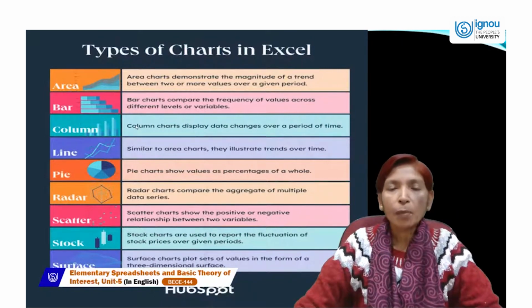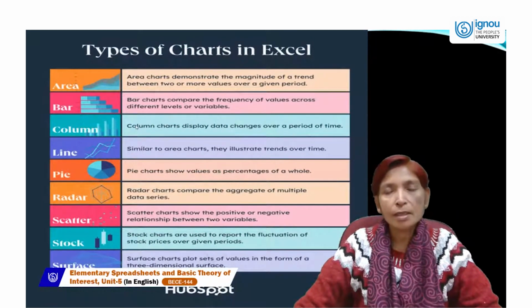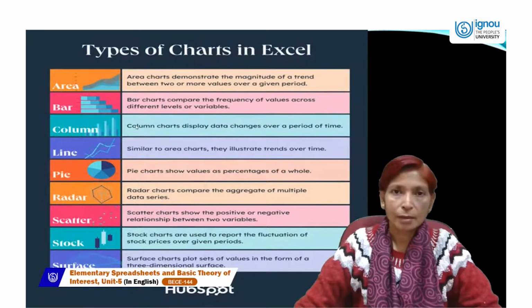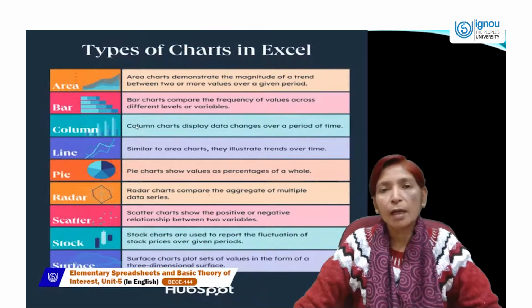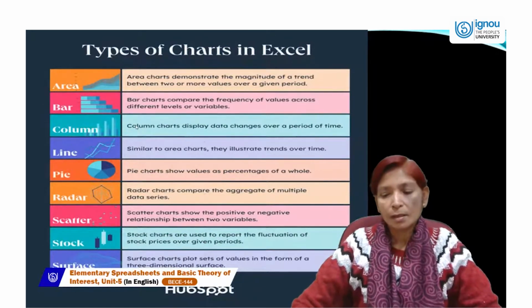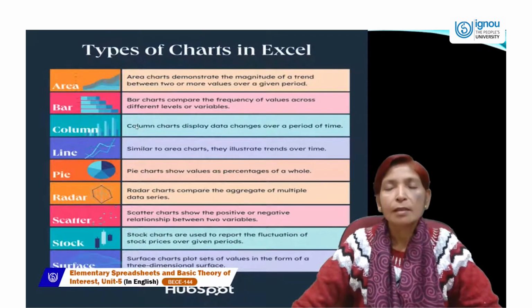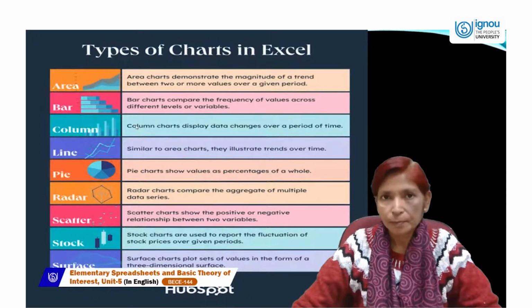If all points go in the same direction and the direction is upward, that will be called positive correlation. And if all the points are in a downward situation, then we can say that there is a negative relationship between two variables.